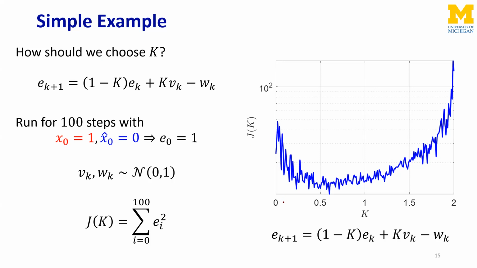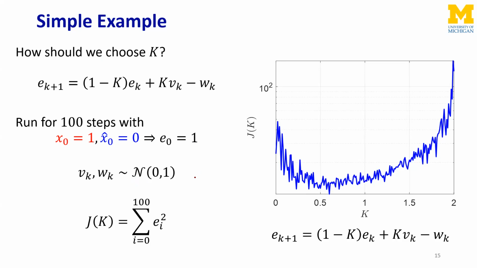So for all these choices of gain k, we see that the error has this kind of shape. Generally the shape is going to be the same, but these jaggedy edges are going to be different every time you run this code, because the random number generator is going to give you different noises.